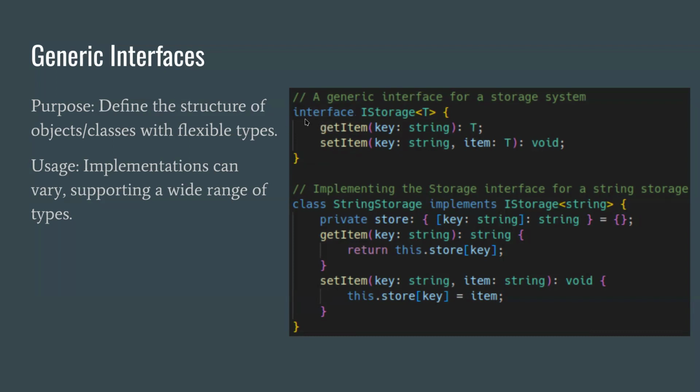As you can see from the example, we can create an interface called IStorage that would have getItem and setItem. getItem would receive a key and return this type T, and setItem would receive that item T along with the key.